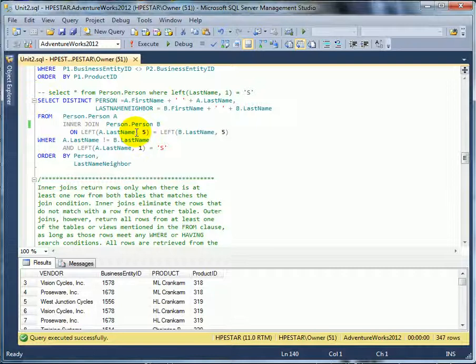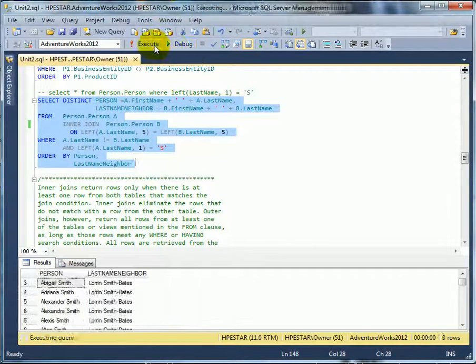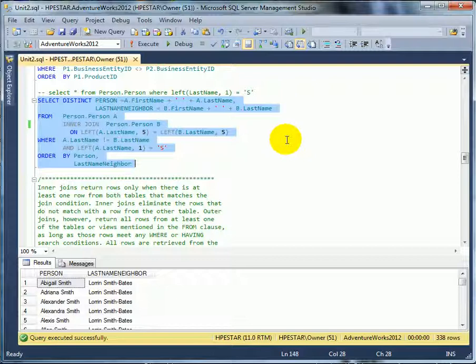In this, again, it's a self-join. We can see it. And we are selecting the last name neighbors, and it is easy to recognize that these are the Smiths.